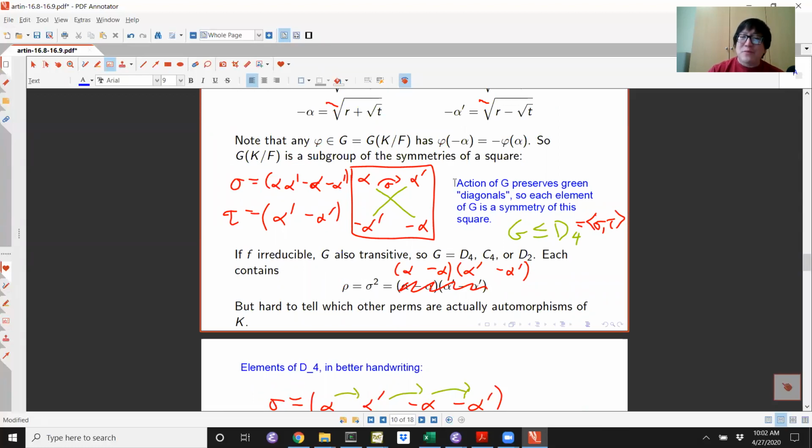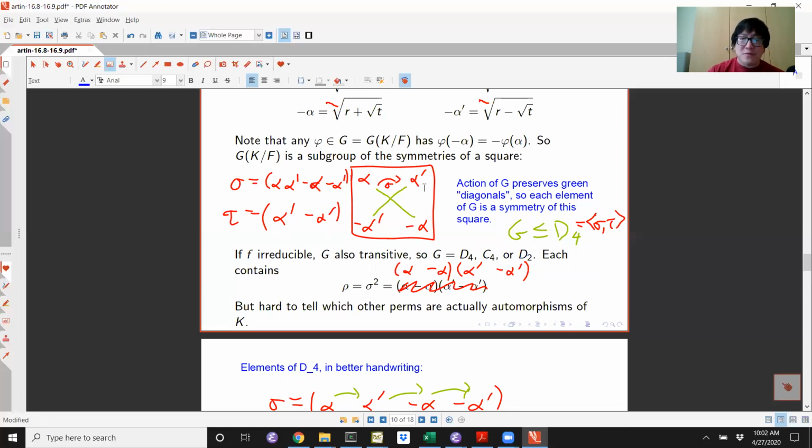You actually caught me talking my native idiom here. So when I say that the action of G preserves the green diagonals, it preserves them as a set. So it could switch the two green diagonals. When you rotate by sigma, it sends the prime diagonal to the unprimed diagonal and the unprimed diagonal to the prime diagonal.